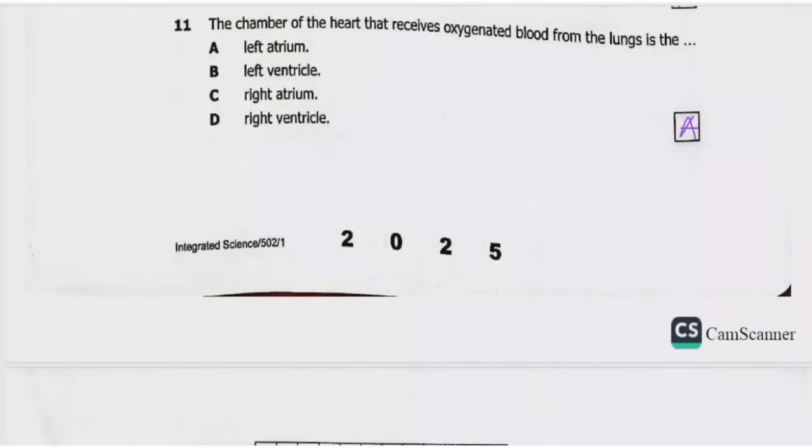A, left atrium: this one receives oxygenated blood from the lungs, that means blood that contains oxygen. C, right atrium: this one receives blood from all parts of the body, which is deoxygenated blood.